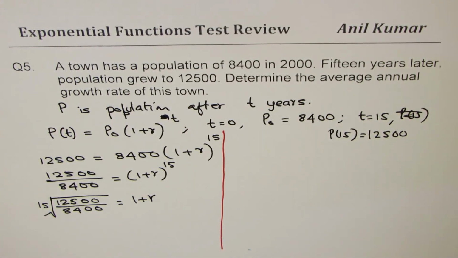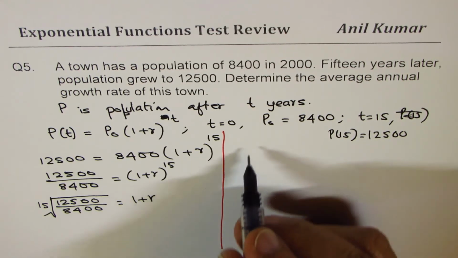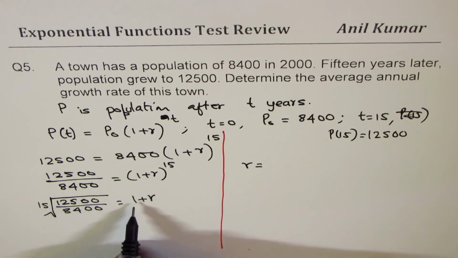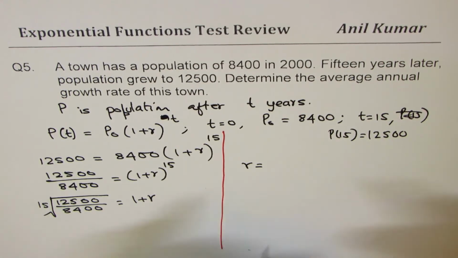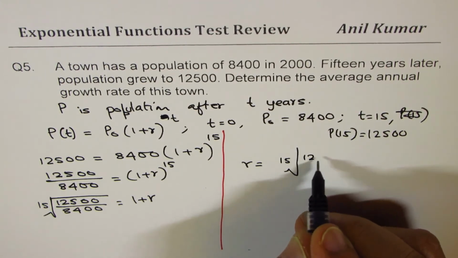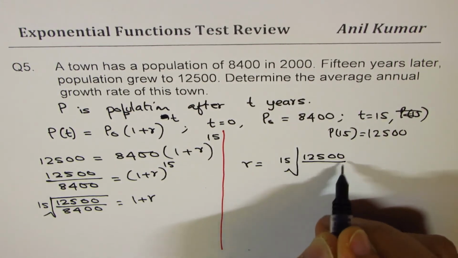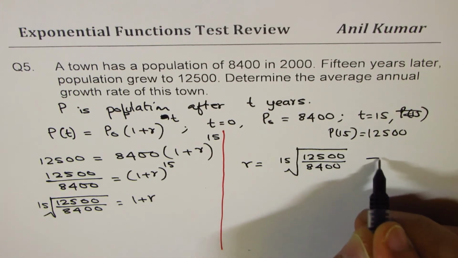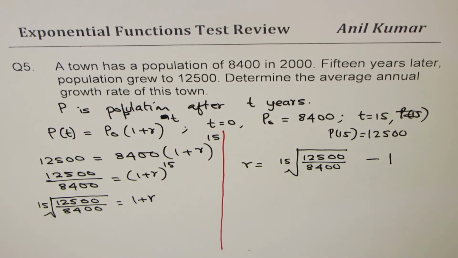Let me write down the answer: r is equal to the 15th root of 12500 divided by 8400, take away 1. So that gives you the solution.